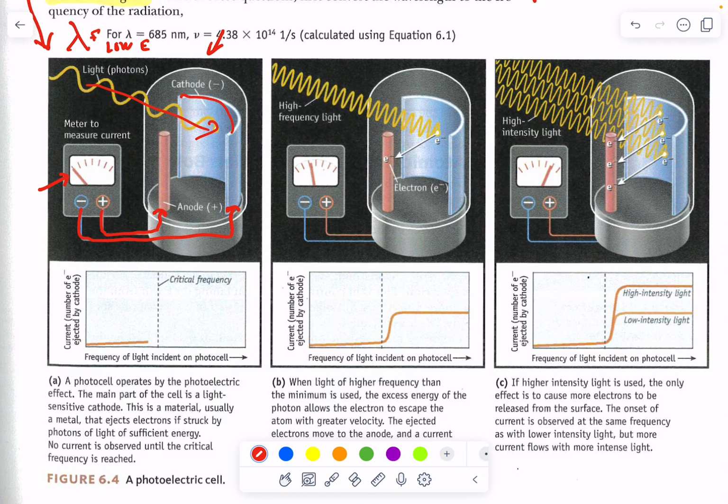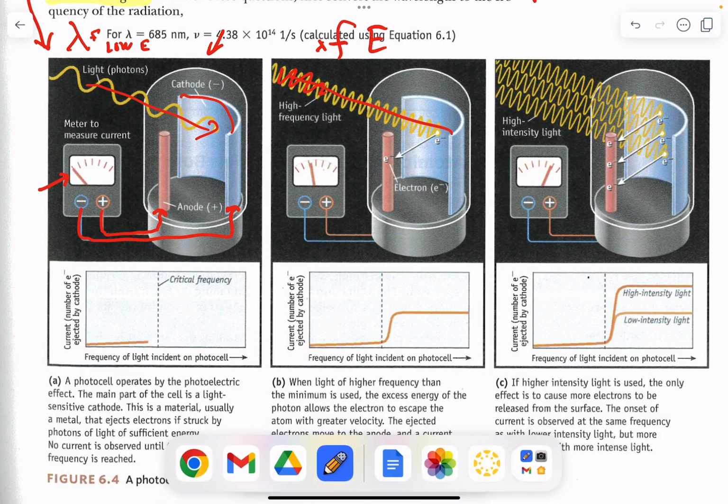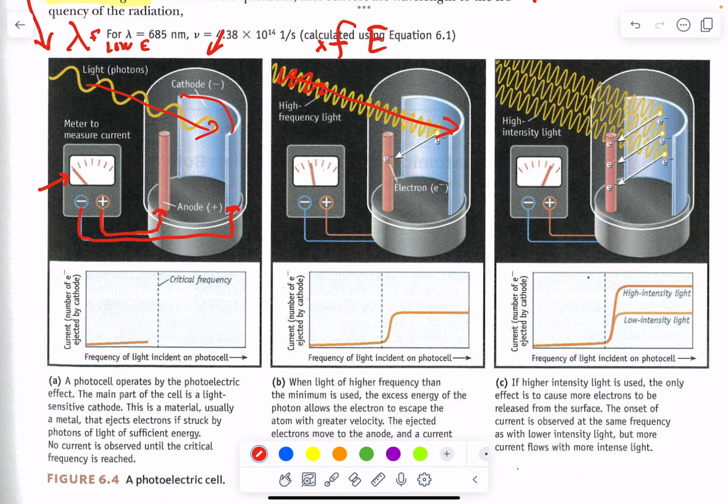Now, if we have high energy, in other words, a low wavelength but a big frequency, therefore it is big energy. These photons pack enough wallop, have enough energy, that when they strike the metal surface, they can dislodge an electron, and the electron, being negatively charged, can be attracted to the positive anode. And this positive anode then attracts a negative electron, and that's what's going to complete the circuit.